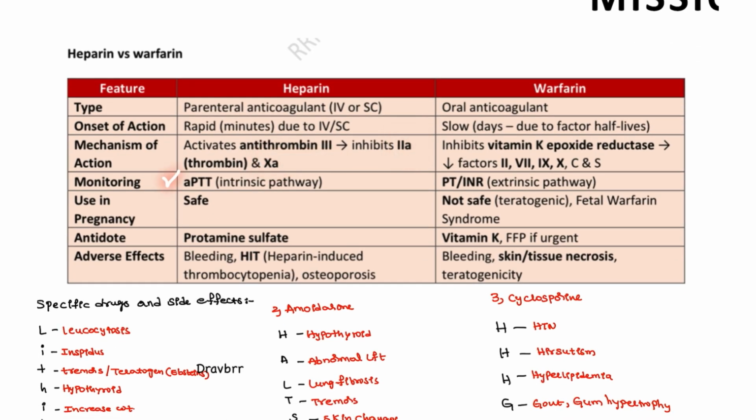For monitoring, you have to monitor the intrinsic pathway, so APTT should be done. For patients who are pregnant it is safe, because heparin does not cross the blood placental barrier. Antidote: protamine sulfate. Adverse effects: heparin induced thrombocytopenia, and long term use can cause osteoporosis.